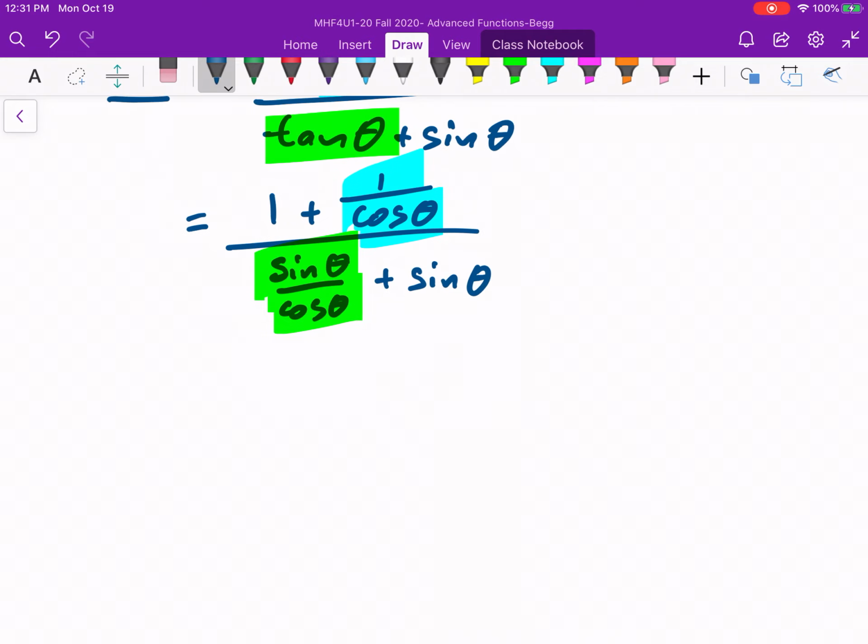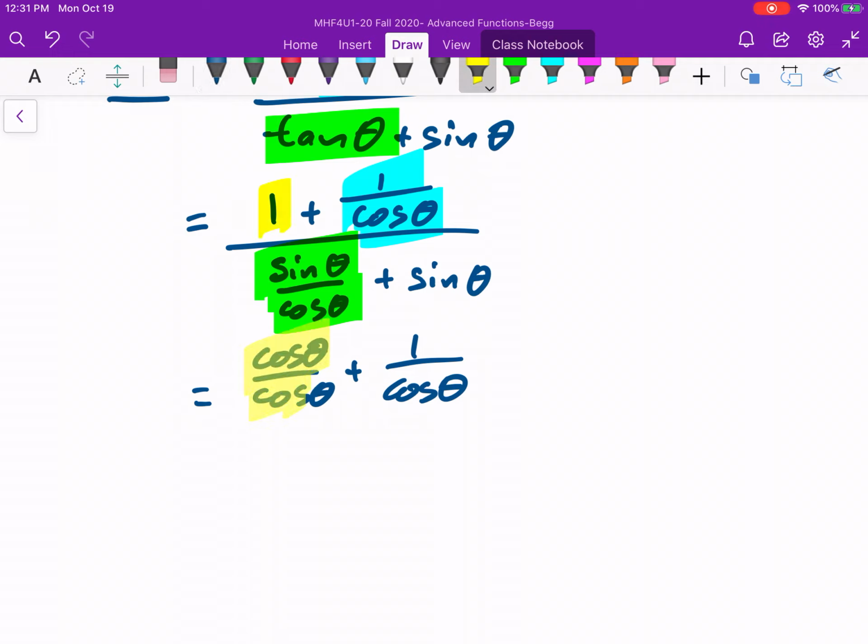So let's change the numerator to a common denominator. Since I've already got the 1 over cos theta, I can change 1 to have a common denominator by writing it as cos theta over cos theta, right? Cos theta over cos theta is equal to 1, as I just highlighted in yellow. And then I'll be able to bring those together as a common denominator.